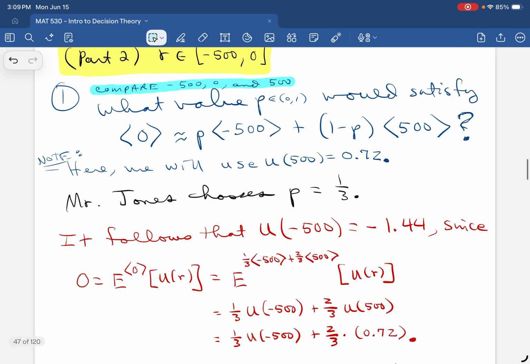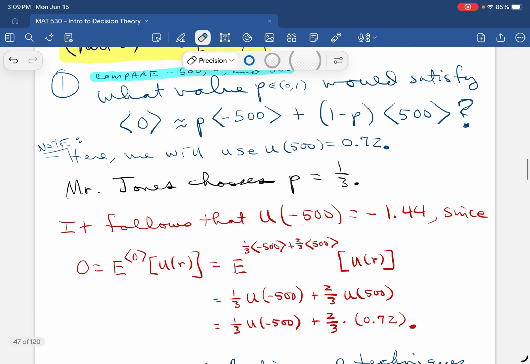Remember that Mr. Jones weighted the occurrence of doing nothing and receiving no gain or loss to be the same as this gamble, as long as the little p value is correct. And so this expected value of the utility function should be equal to 0 according to that distribution.